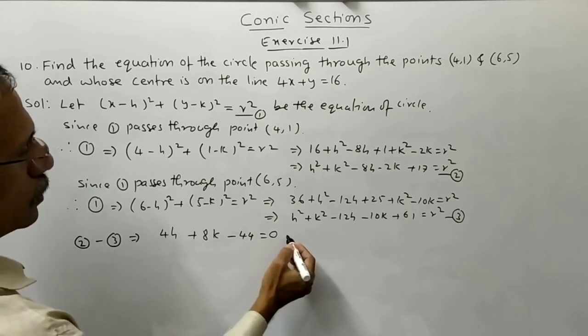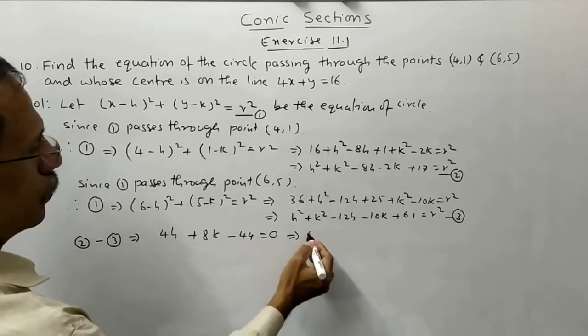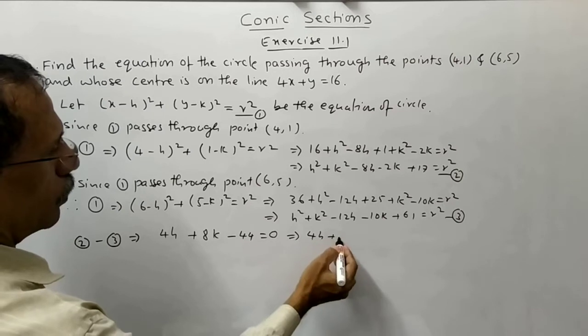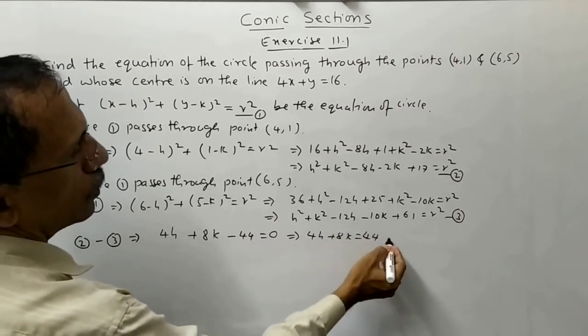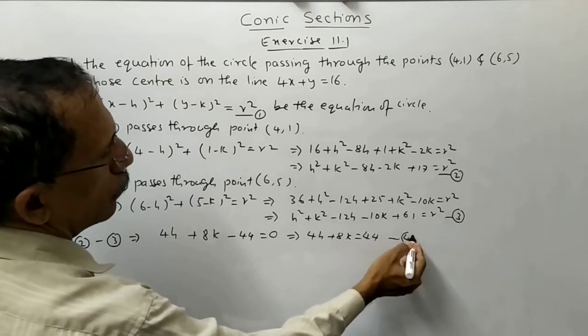This implies 4h + 8k = 44. Say number 4.